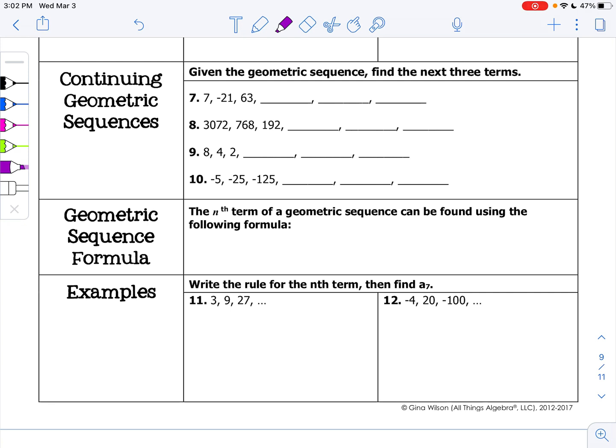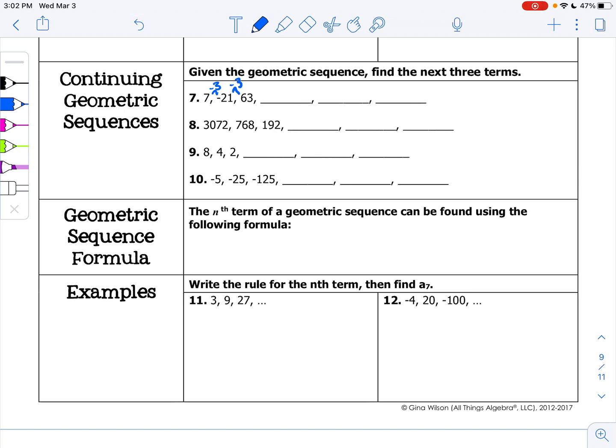So on number 7, starting with 63, 63 divided by negative 21 gives us negative 3. Negative 21 divided by its previous term of 7 also gives us negative 3. And really, I should have only done that once because I already know it's geometric. So I know that common ratio is negative 3.